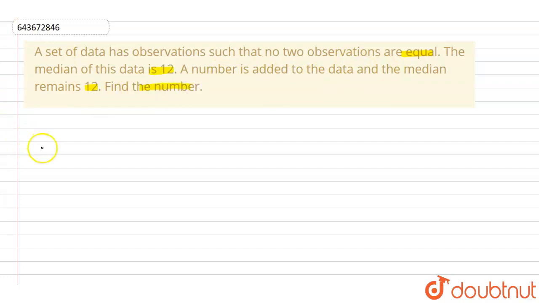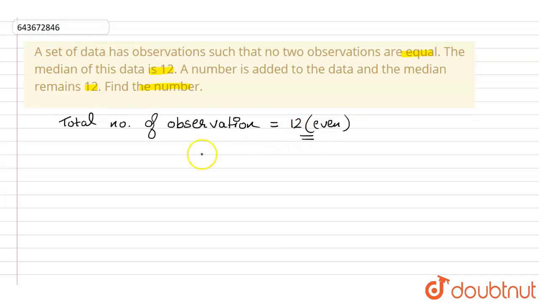Now in this particular question, the total number of observations is given to be 12, that is even. Now we have the median equal to 12.